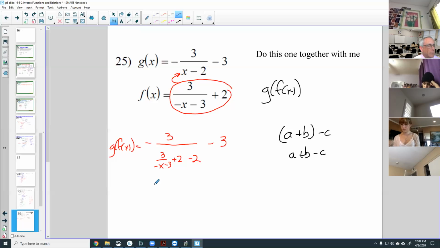Not yet. So do what you have to do to get rid of a 3-layer fraction.